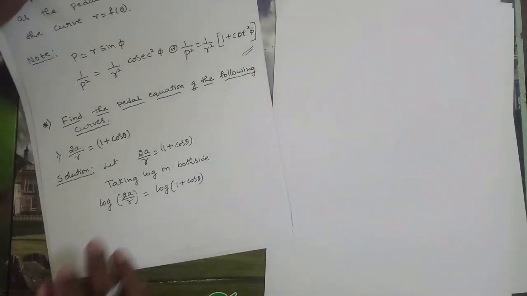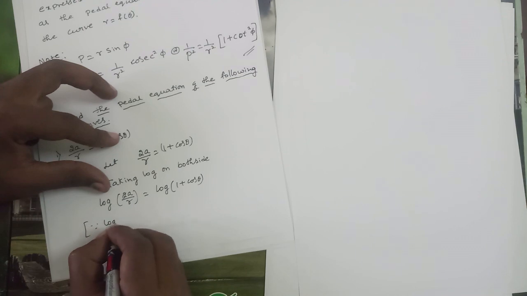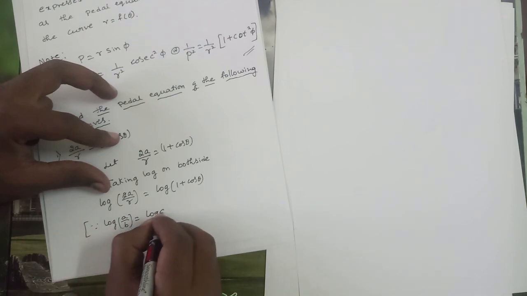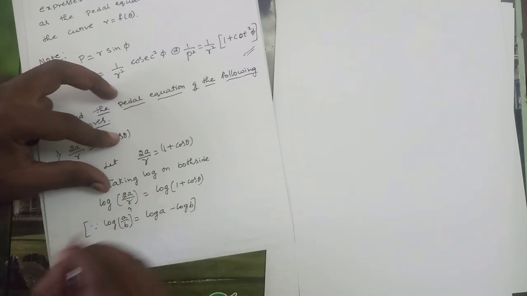Here we use the logarithmic formula: log a by b can be written as log a minus log b. Use that formula for this one.